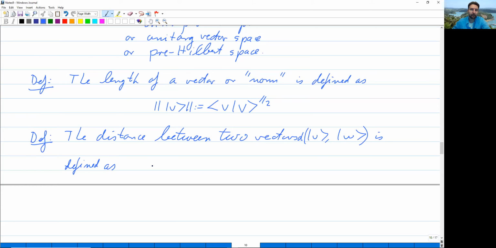The distance of this vector to that vector is defined to be the length of v minus w. Okay, so clearly if v is equal to w, the distance is 0, and only if v is equal to w.